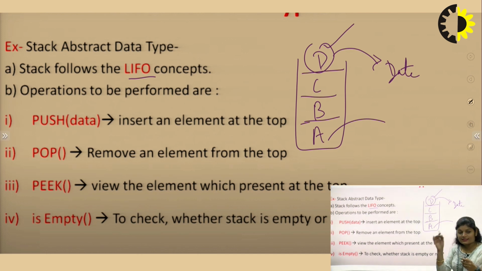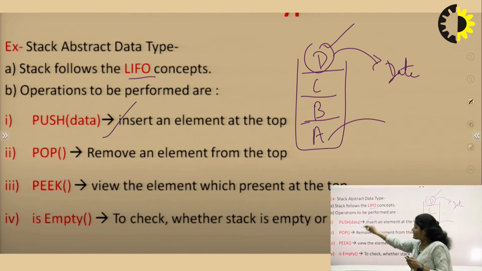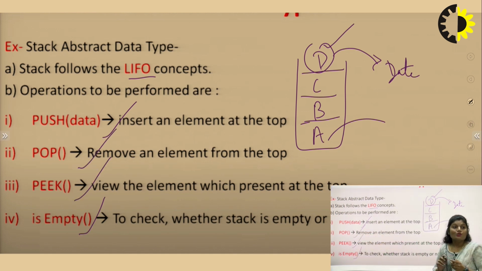So this stack, as I said, is one type of data structure. For insertion, deletion, and checking whether the stack is empty or not, many operations are performed: push operation, pop operation, peek operation and empty operation. What happens in the push operation? It inserts an element at the top. If you want to insert an element, you perform the push operation and declare push in a program.